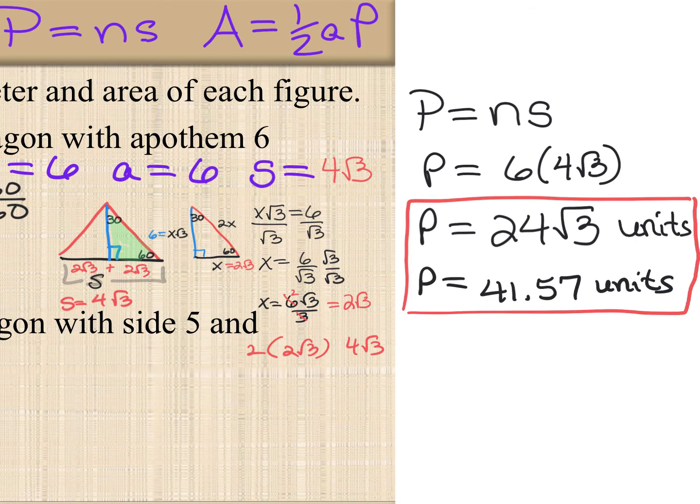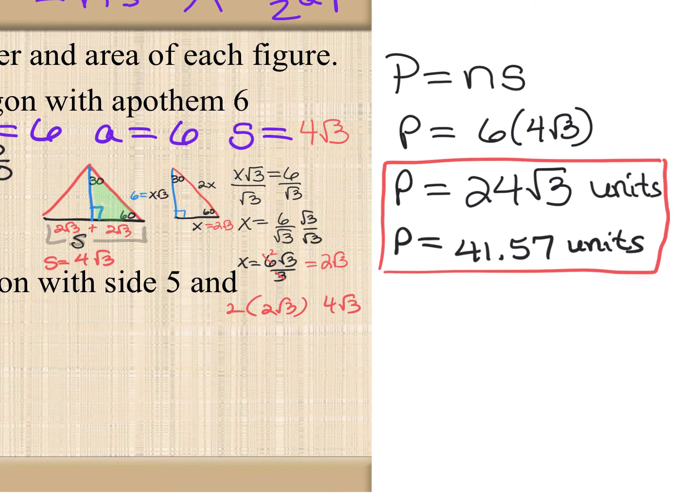Now that I've calculated the perimeter, now I can find the area. So the area formula, since I have the perimeter, I'm going to use the 1/2 apothem times perimeter. Do not use the rounded answer if you're asked to find the area and perimeter. Go back to the radical.